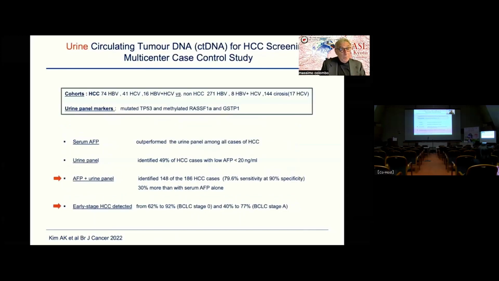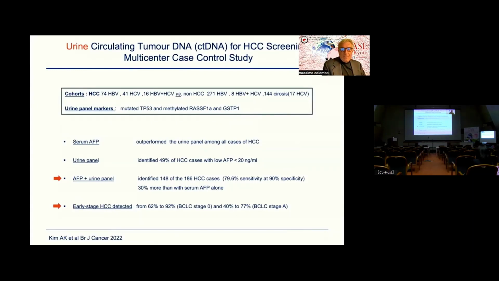But there is another more user-friendly way of testing for a prediction of HCC, and that is assessing the urine content of circulating tumor DNA, like mutated TP53 and methylated RASSF1 and GSTP1.